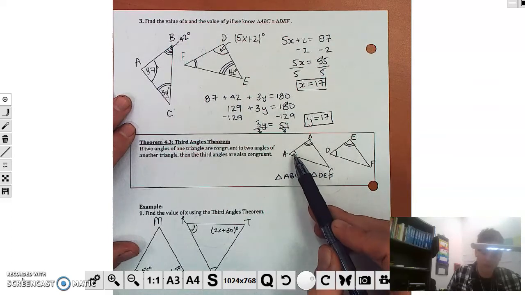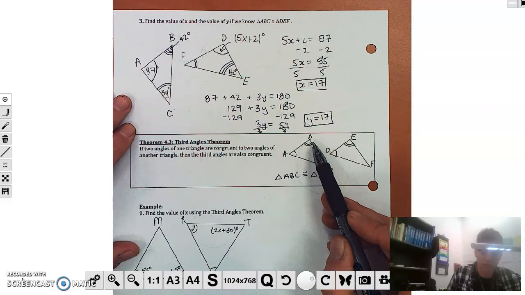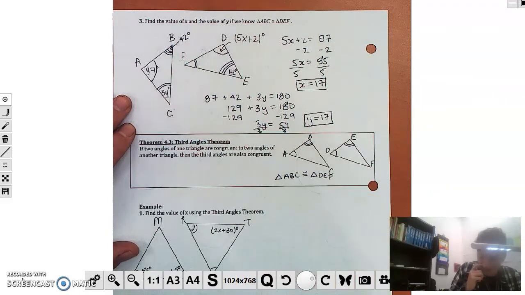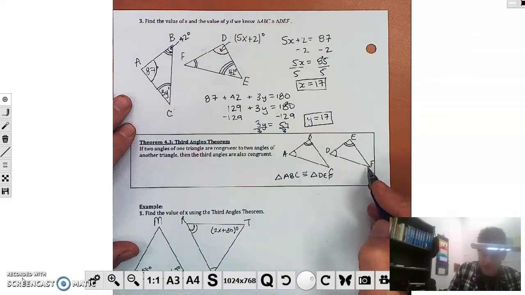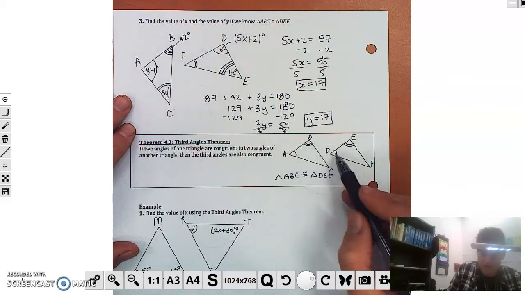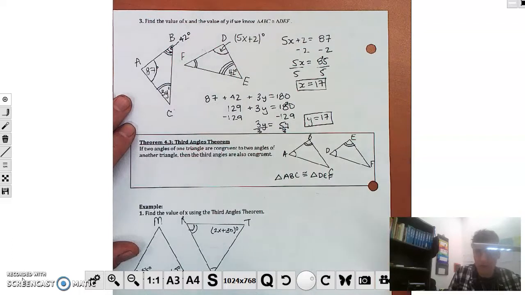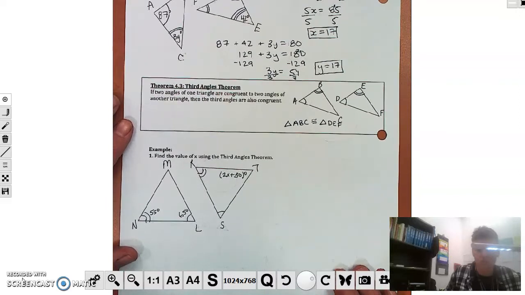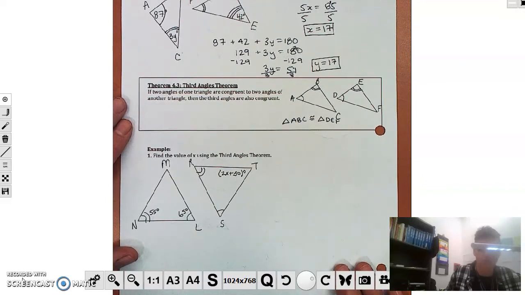So if A plus B plus unknown equals 180, and D plus E plus unknown equals 180, and these guys are the same, that third angle is going to have to be the same. There's no other way around it. So let's do an example to test our knowledge of the third angles theorem.